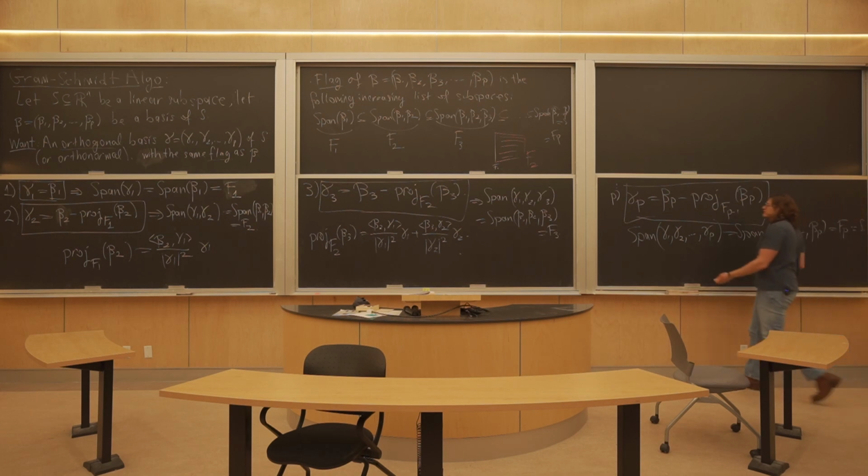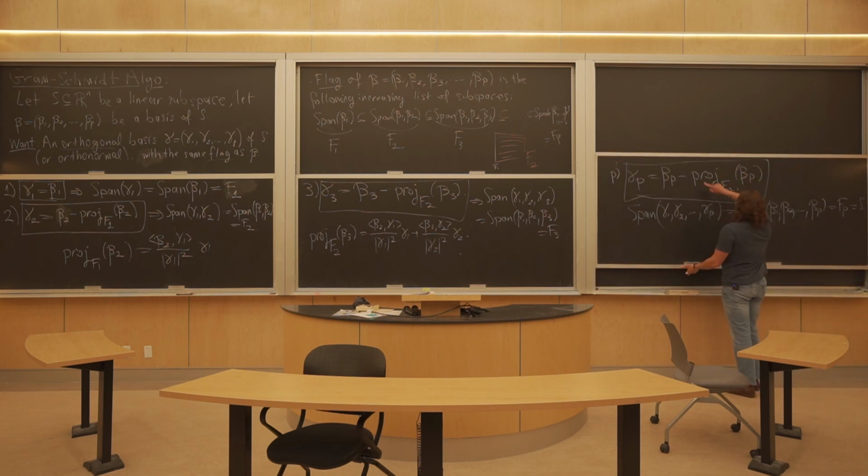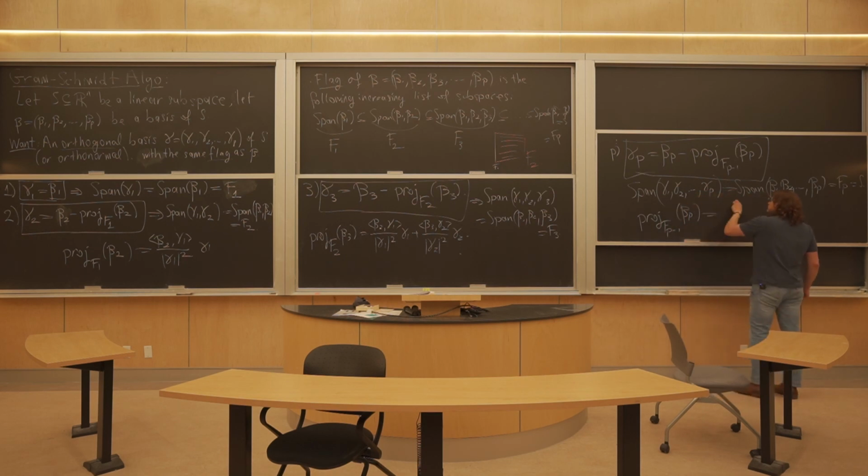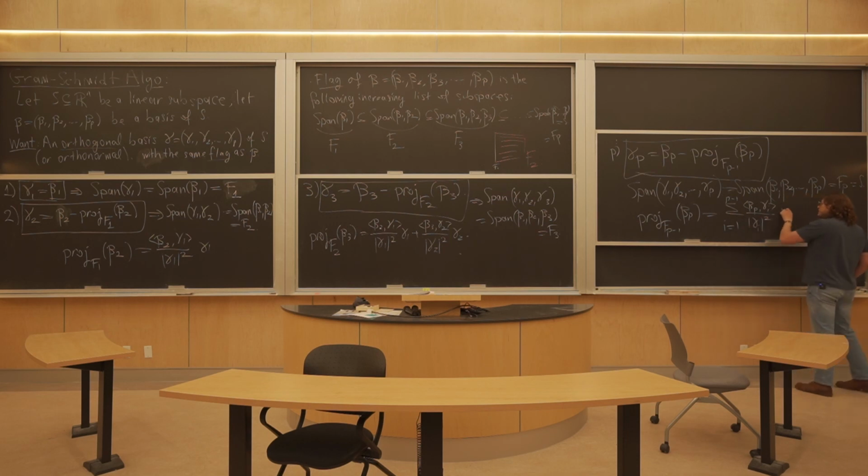And just to be explicit, the formula for this is, let me use summation notation to be slightly fast: the sum where the index goes from 1 to p minus 1, beta p against gamma i divided by gamma i norm squared times gamma i.